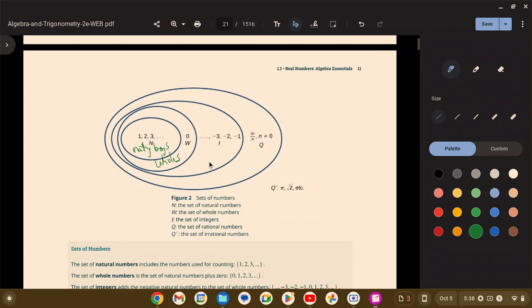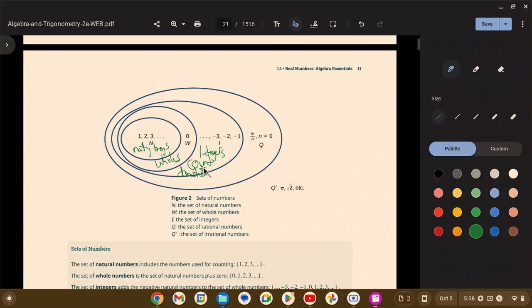And then that's the integers. So you have polarity involved. So that's count plus direction, because you're adding a direction to that, basically a whole dimension to that.